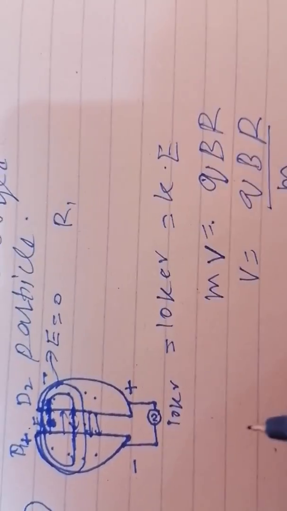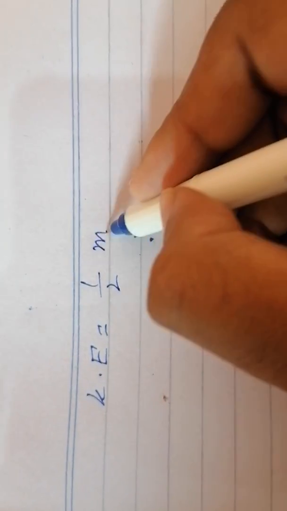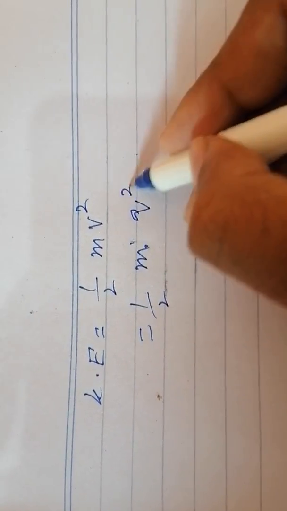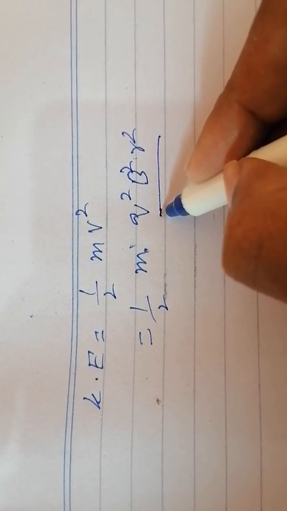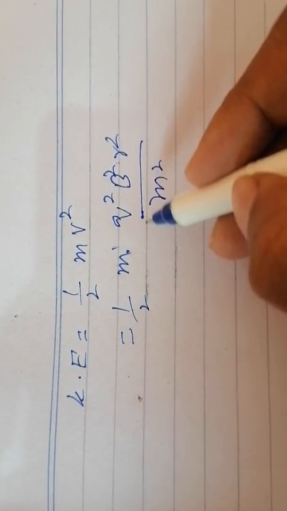The kinetic energy of this particle is 1 over 2 mv squared, which equals 1 over 2 m times q squared B squared r squared over m squared.